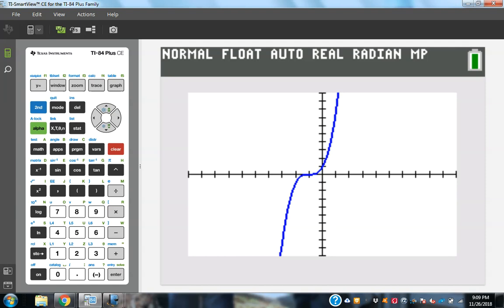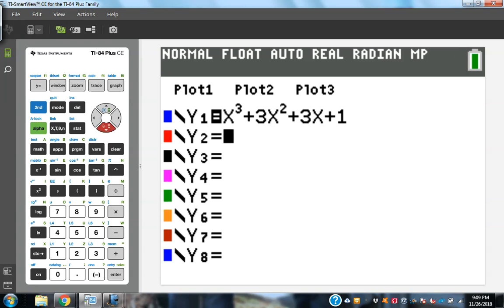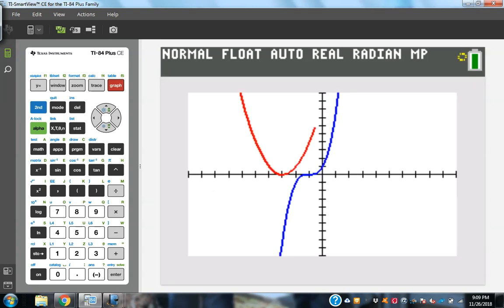Another special thing that could happen is if it comes to the... I'll graph another one here. Let's say we had x squared plus 6x plus 9. I'm going to show you what that one does.